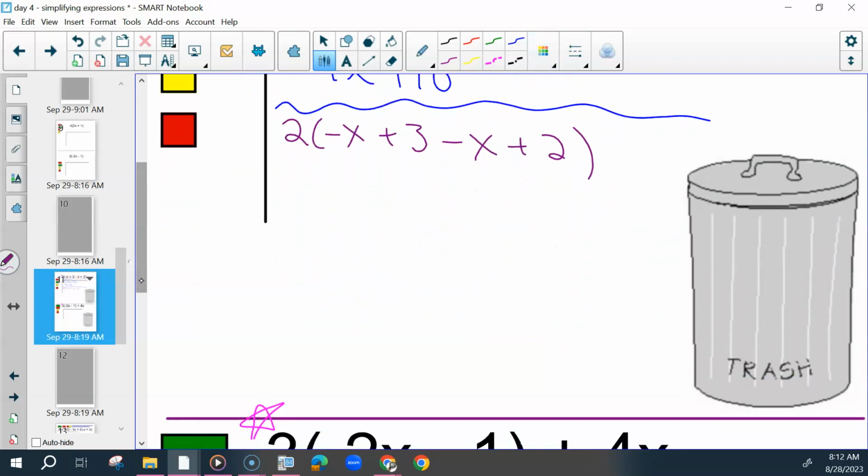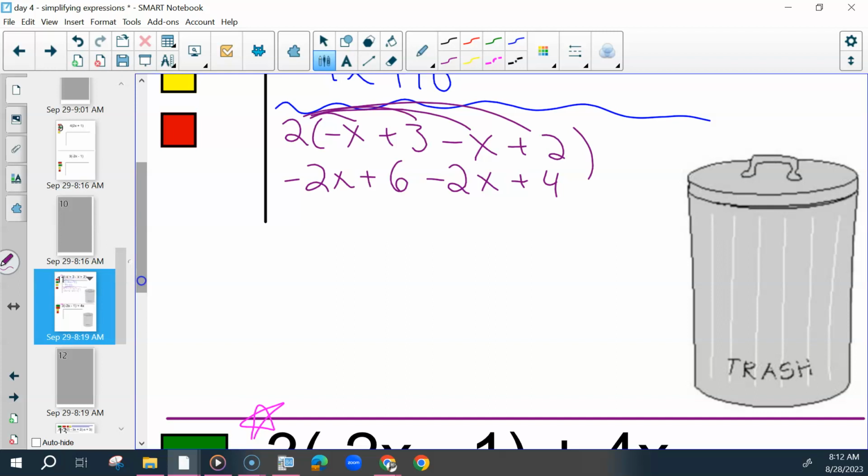And now, let's say I forgot about my order of operations, and I wanted to distribute first. I'm going to distribute the 2 to every single thing. Multiply 2 to every single thing. So this would be negative 2x plus 6 minus 2x plus 4.